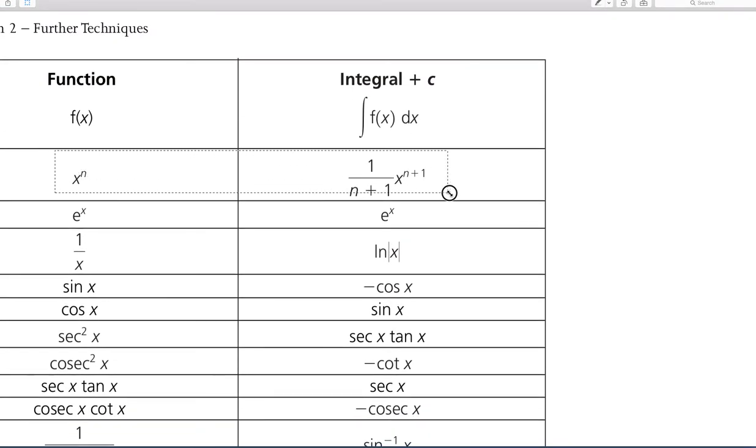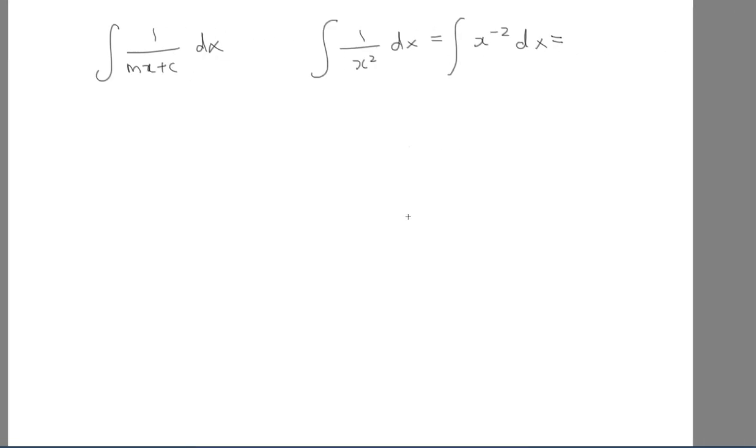This one right here. That's the easiest rule out of integration. You just raise the power by 1 and divide by that power. So it's already integrated. So this becomes x to the power of negative 1 over negative 1 plus c. So this becomes just negative x to the power of negative 1 plus c, or negative 1 over x plus c.